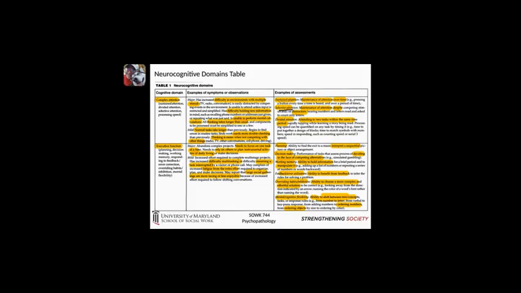Selective attention doesn't mean people only pay attention to me when they want to. Selective attention means the ability to tune out other stimuli as you are paying attention to something.